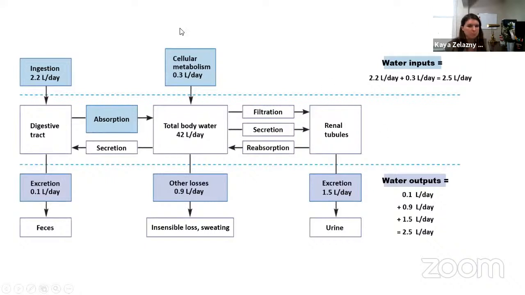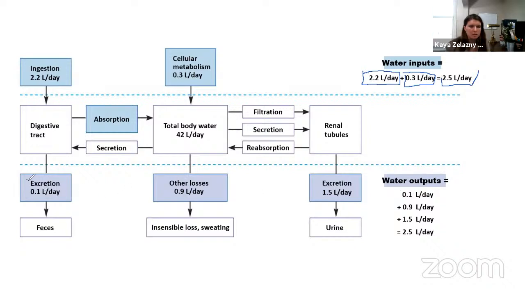Zoomed in, basically this is just showing us that these actually do add up together. Usually people ingest about 2.2 liters of water per day between their food and drink. Cellular metabolism usually produces about 0.3 liters, giving us 2.5 liters per day. And that is equivalent to our water outputs.